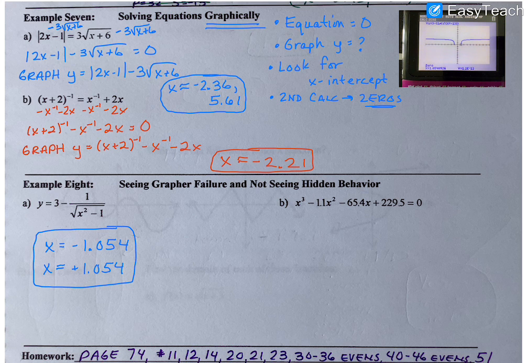Okay, we have one last one to look at, and that is B. I'm going to go to my y equals screen, and I'm going to clear my calculator. X to the third minus 1.1 x squared minus 65.4 x plus 229.5.